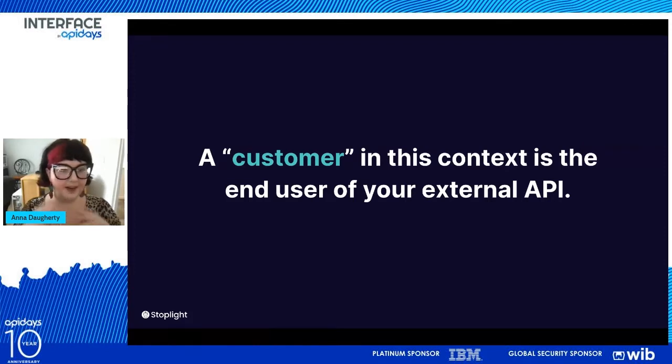So a customer is an end user, but specifically for monetized APIs in this context. Some of the concepts we're going to cover in this presentation are absolutely useful for internal APIs too. Don't let that escape you. A lot of this can be used and improved upon for internal API end users as well. But because this is a monetization track, we really want to talk about it from the perspective of a monetized or external API.